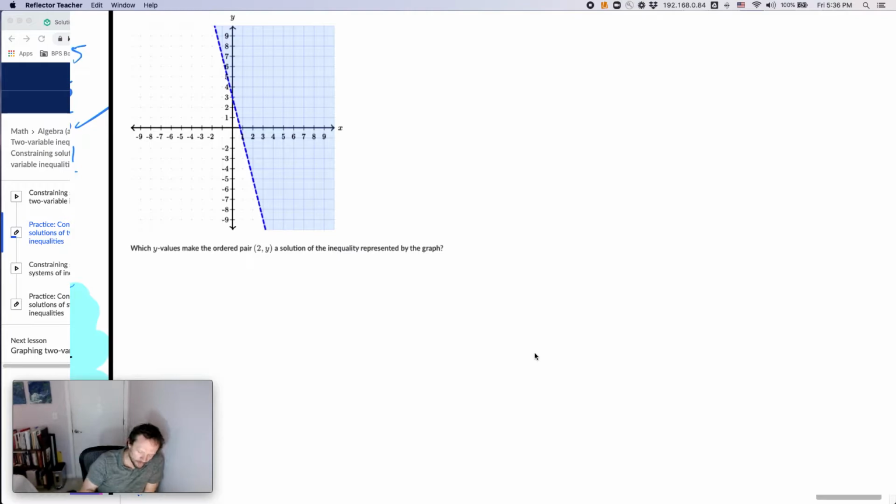Remember, when we think of this graph of an inequality on the coordinate plane, what we're thinking of underneath is that it's composed of a bunch of number lines.